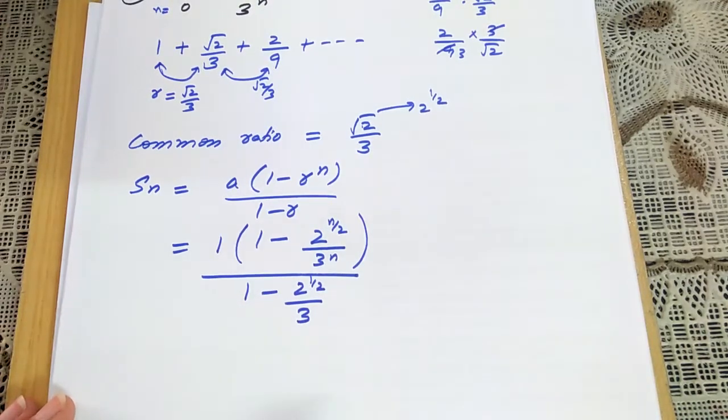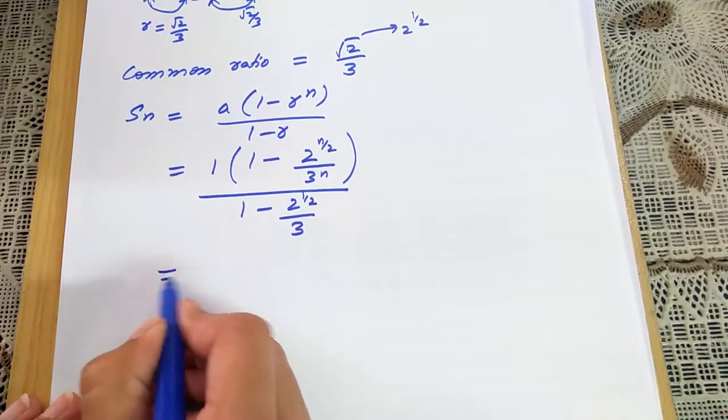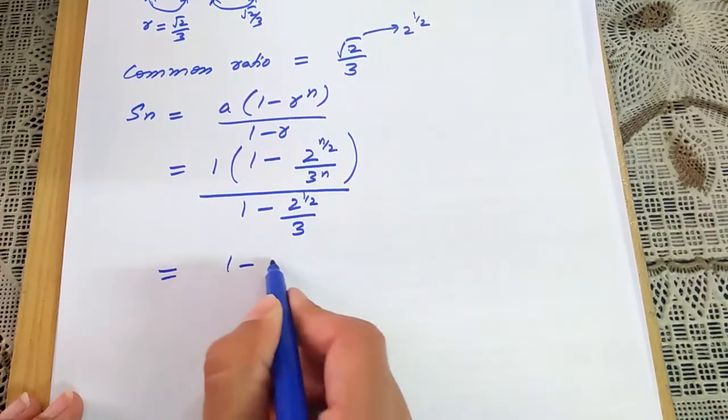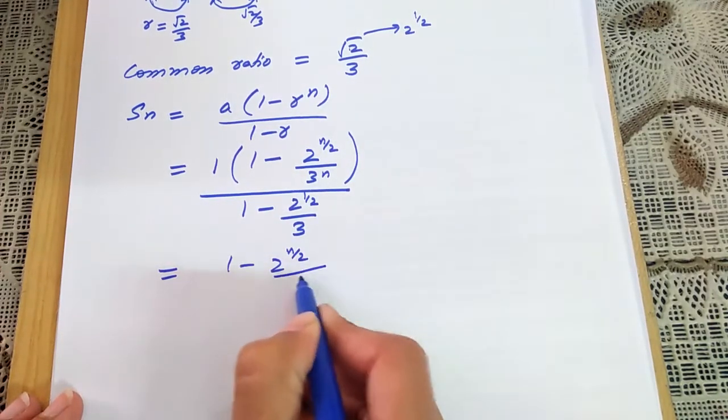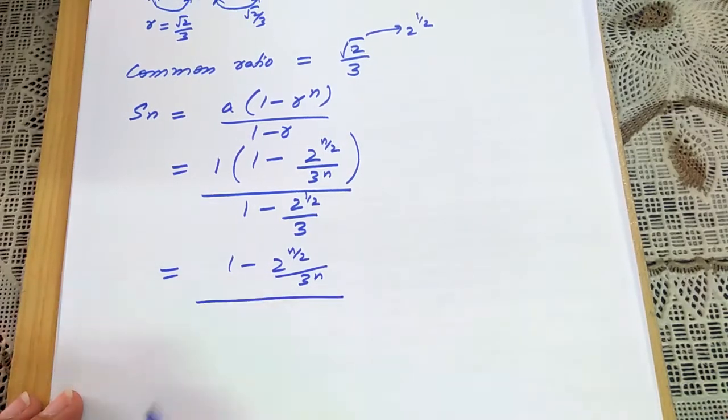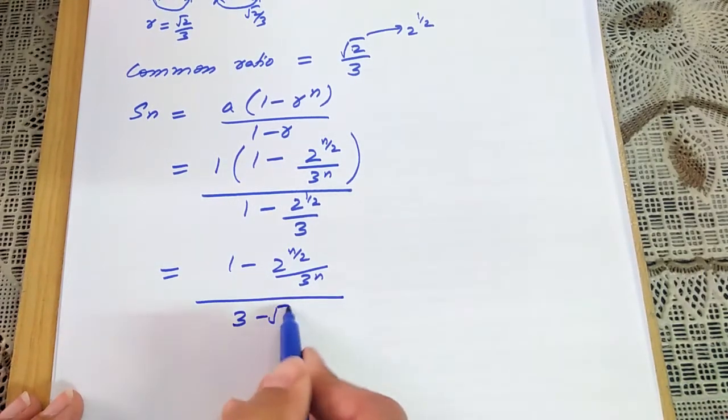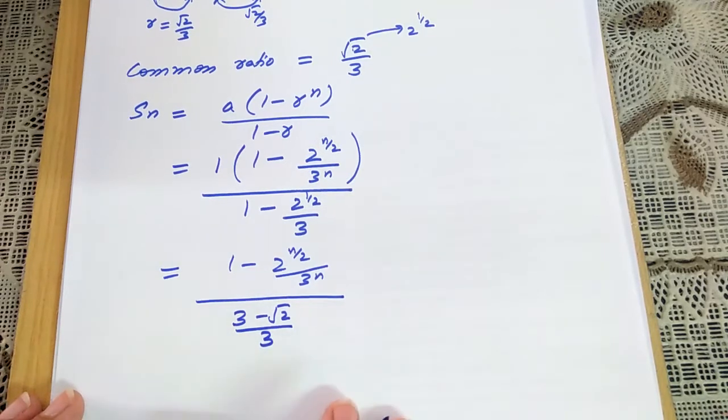Now it can be solved as 1 minus 2^(n/2) over 3^n divided by (3 − root 2)/3.